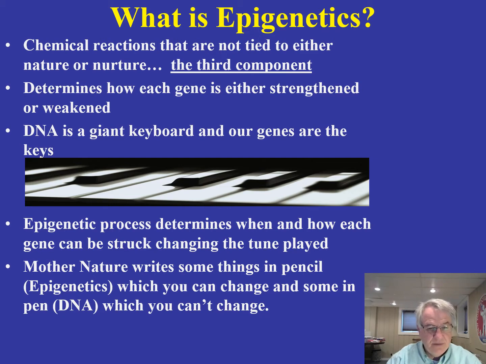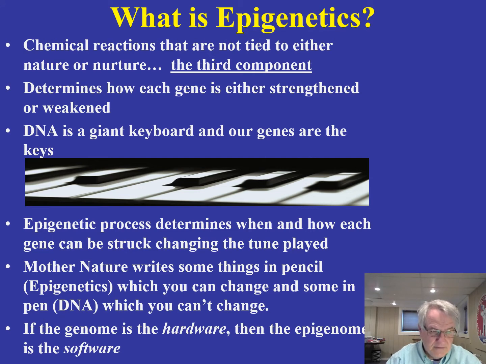And it puts other things in pen. And of course, when you use a pen, the ink is not something that you can change. Once you put down something in pen, it is not something that can be altered. So consider the genome as being the hardware. Consider the epigenome to be the software.